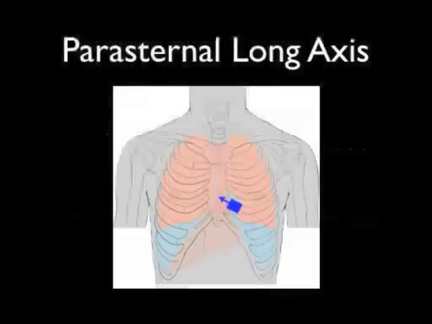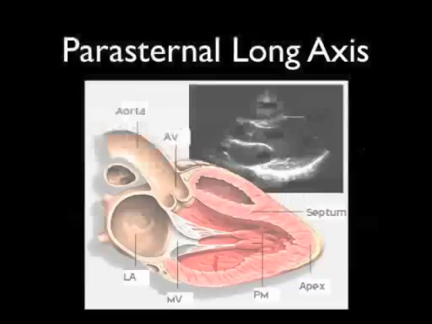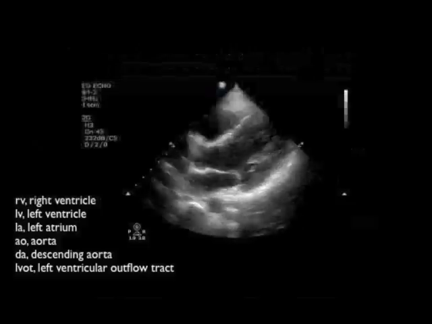To view the heart, we need to use a few windows. These are going to be windows through which the ultrasound probe is going to capture images of the heart. The first is a parasternal long axis view. This view divides the heart into long axes, where we have a left half and a right half. We're able to visualize the right valve, left atrium, and left ventricle with the mitral valve.